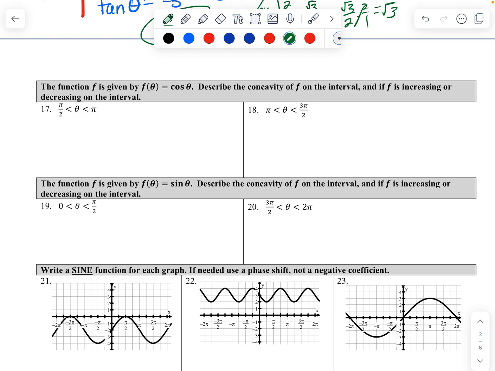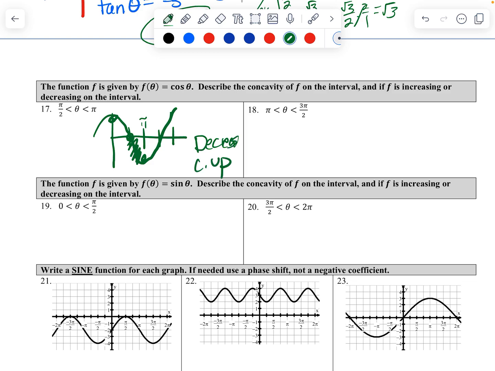Okay, the function of the cosine. So let's see if we remember. Cosine starts high. And this is pi. So from pi over 2 to pi, it is decreasing and concave up. And then from pi to 3 pi over 2, so right here, it's increasing and concave up.